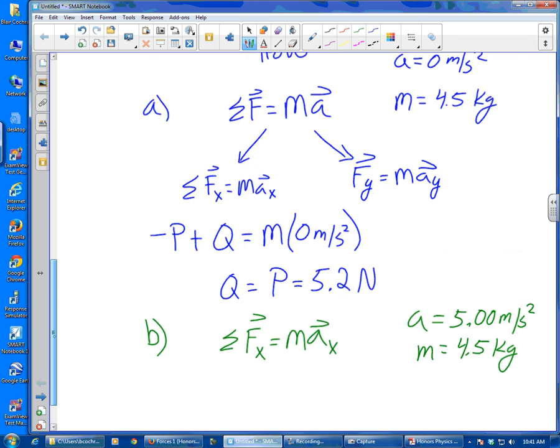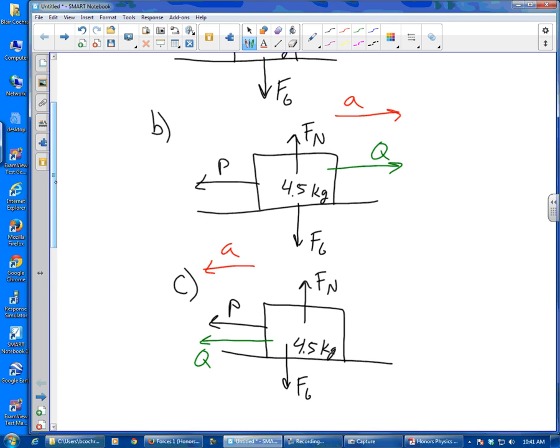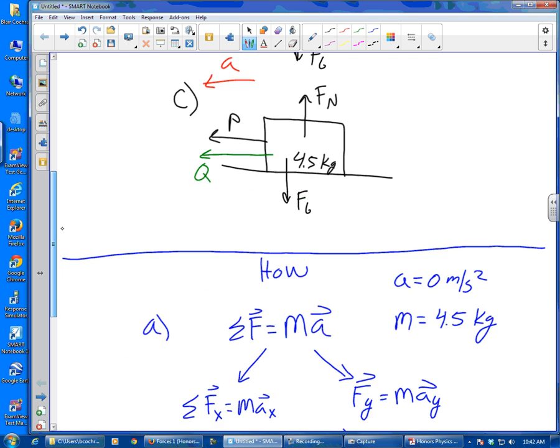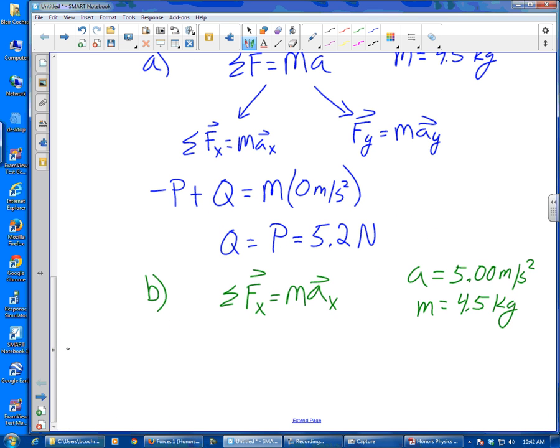And if I look back at my force diagram, in the x direction I have P in the negative direction, Q in the positive direction, and my acceleration is positive. All right? So on the forces side, I've got negative P plus Q in the positive direction equals m times a, which is in the positive direction also.